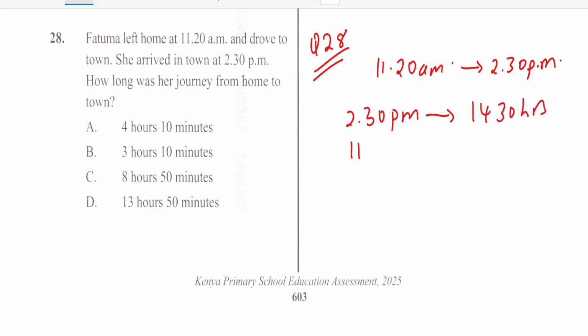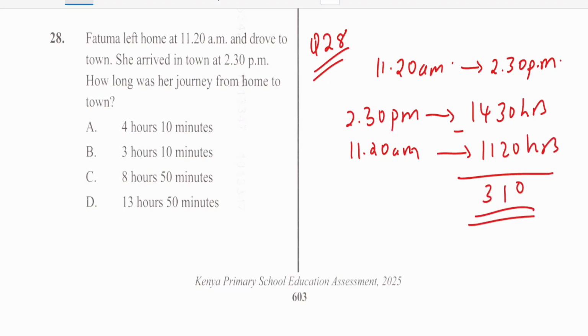The other one, 11:20 a.m., is just 11:20 hours. So you can subtract. 30 minus 20 is 10. 14 minus 11 is 3. So basically, it's 3 hours and 10 minutes. From 11:20 to 2:30, just 3 hours, then 10 minutes. So that is your answer, unless she arrived the other day, which is quite not possible.